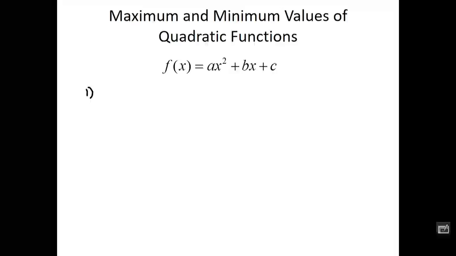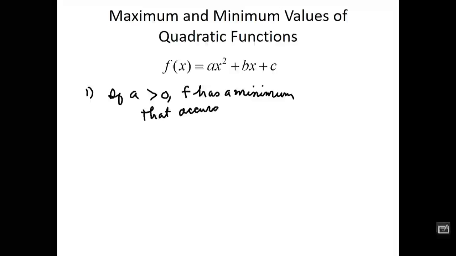We said that if a is greater than 0, then f has a minimum that occurs at x is equal to minus b over 2a.